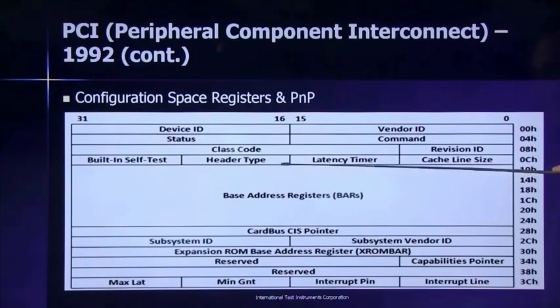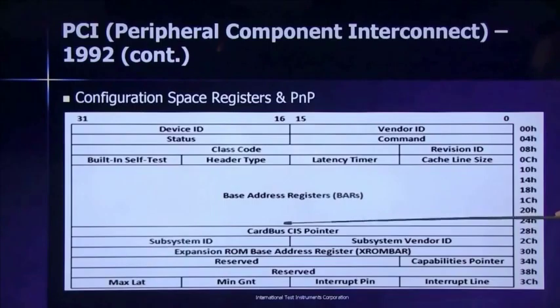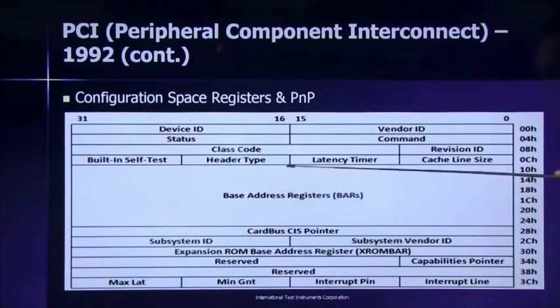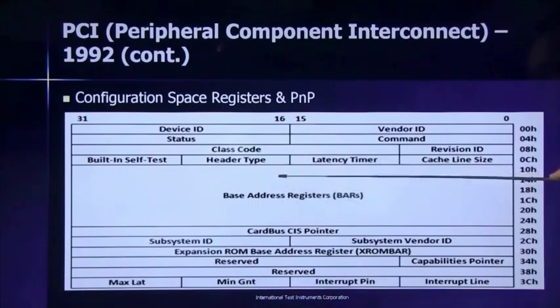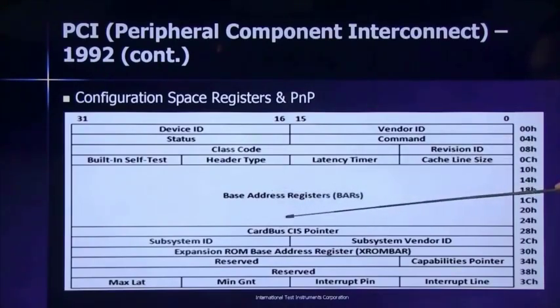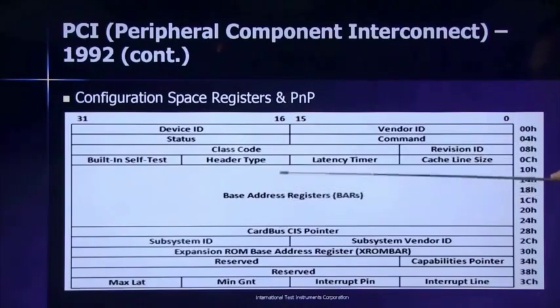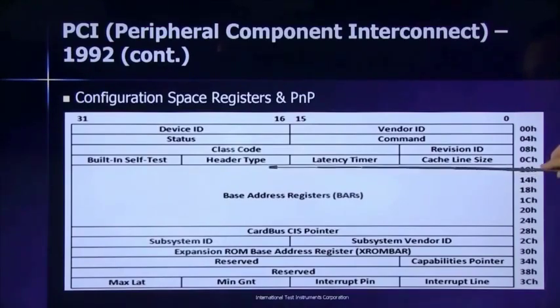You might, for instance, have 4 kilobytes of I/O space, and you might have another 8 kilobytes of memory mapped space that the card needs to do its work. So the operating system reads the size of it and determines a location within the overall memory space of the system, and then writes the base of that address, and that's why it's called base address registers, the base of the start of that range within the system memory, into those registers.